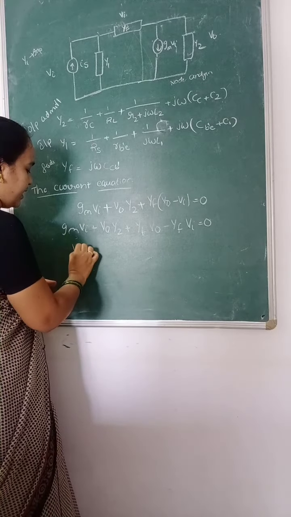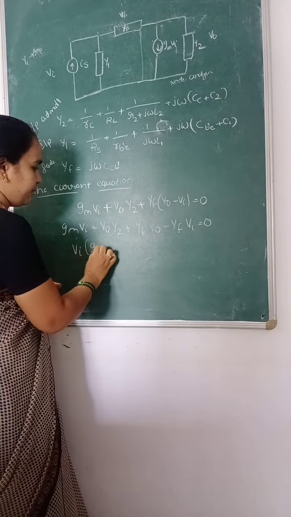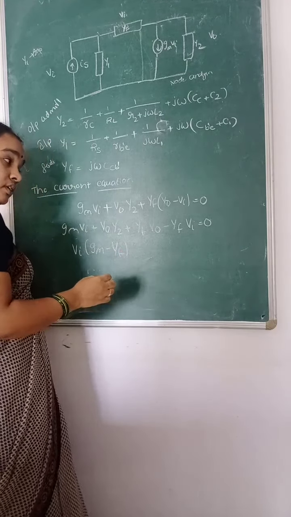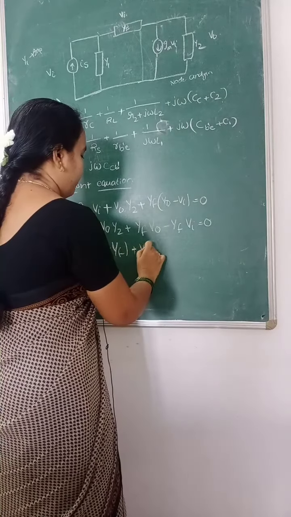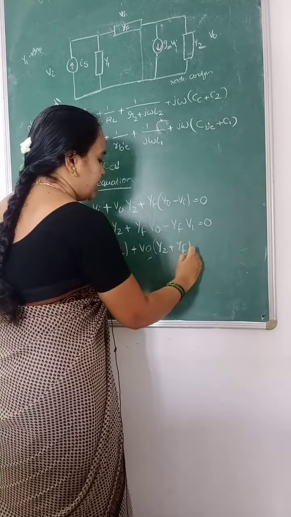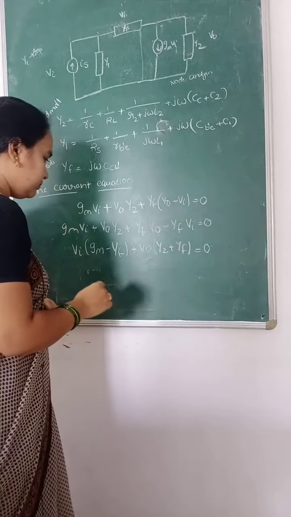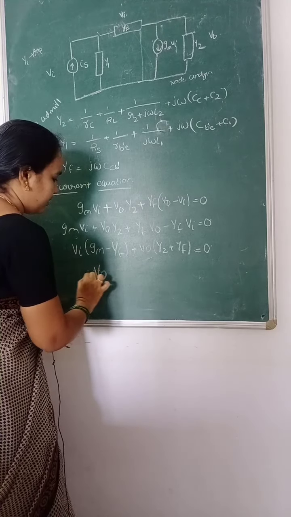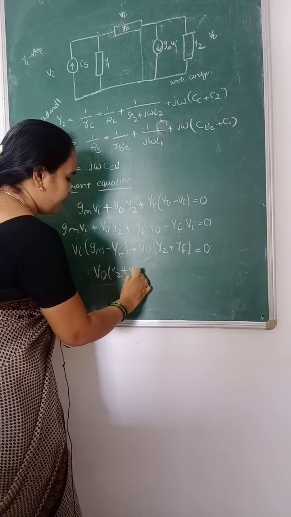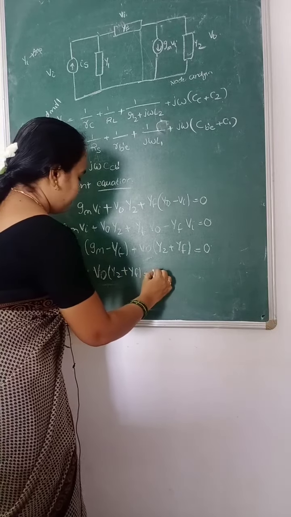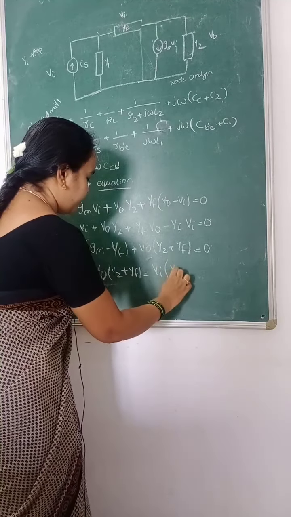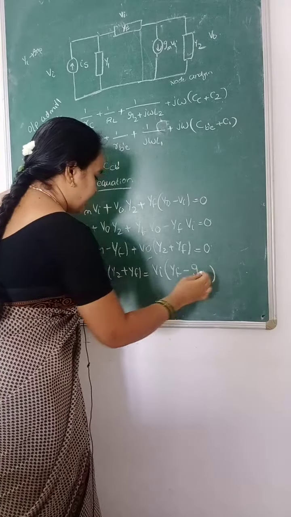Then Vi into Gm minus Yf plus V0 of Y2 plus Yf is equal to 0. Then V0 of Y2 plus Yf is equal to Vi of Yf minus Gm.